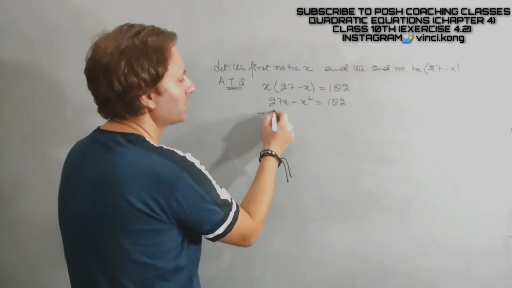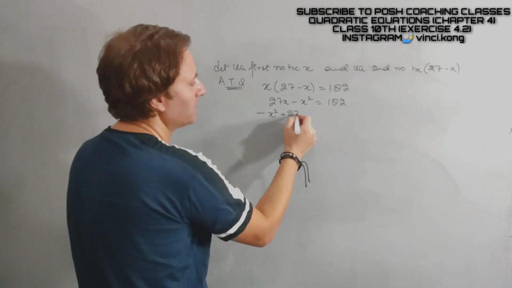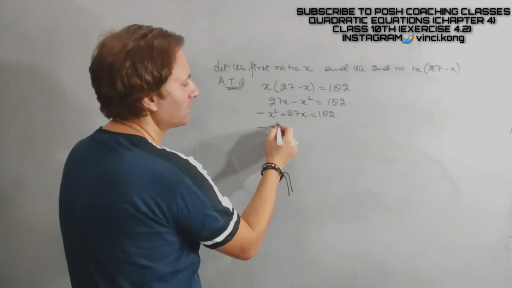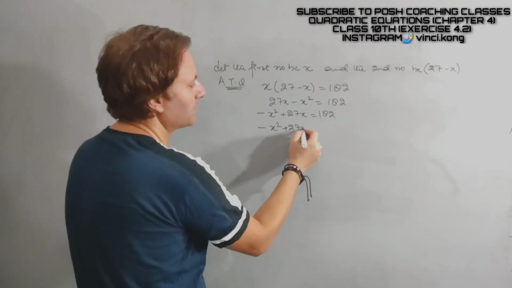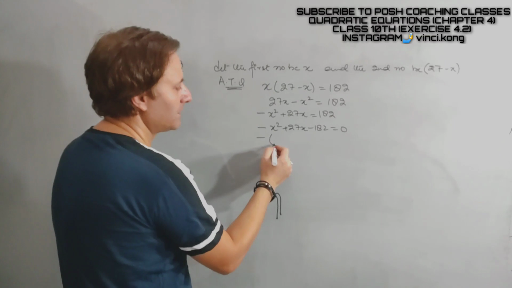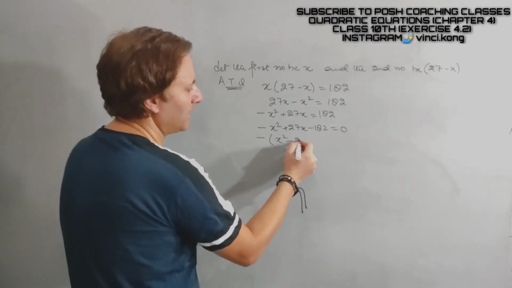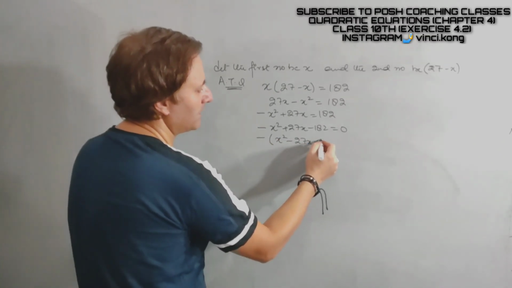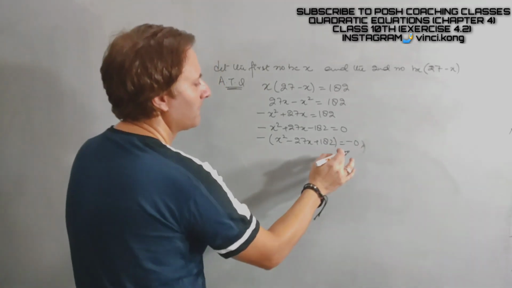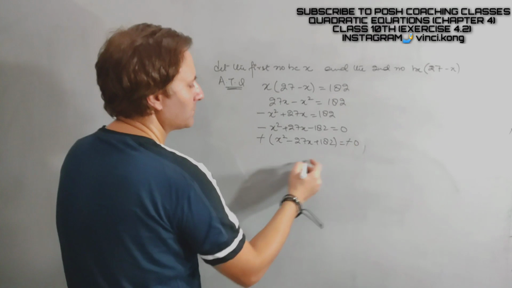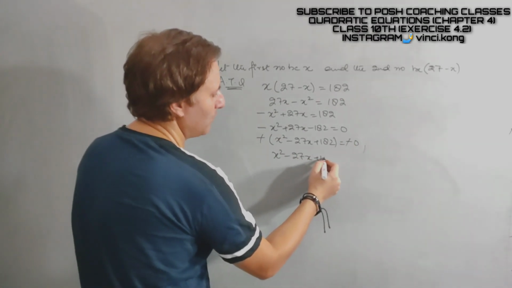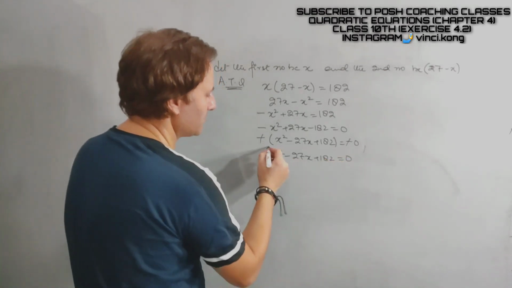I'll take minus x squared plus 27x is equal to 182, so minus x squared plus 27x minus 182 is equal to 0. Let's take minus common. It is x squared minus 27x plus 182 equals minus 0. Now minus minus is gone. We have x squared minus 27x plus 182 equals 0.